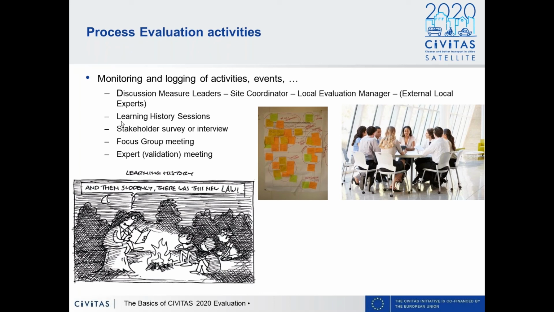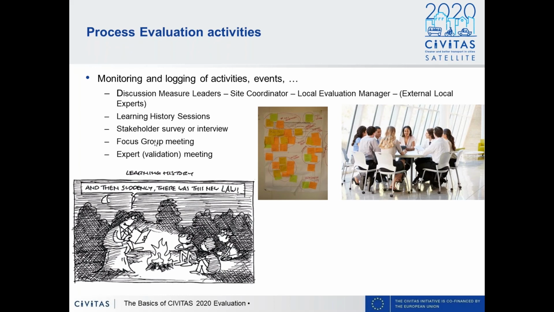You can also hold what we call learning history sessions, where you look back at what really happened during the implementation of the measure, and maybe during the operational phase, talking to the stakeholders or part of the stakeholders. You can also organize a meeting, as I said, or maybe a survey for them. Some projects do that, or just interview one or two important stakeholders, just to understand better what really did happen.